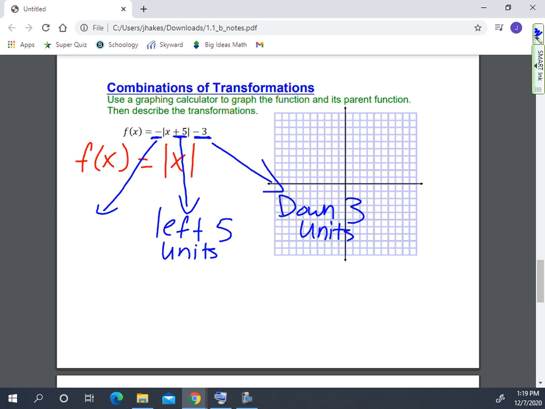It flips over the x-axis. So there's our transformations. There's 3 transformations. That negative out front might be the hardest one to spot right away. Okay? All right. Moving on.